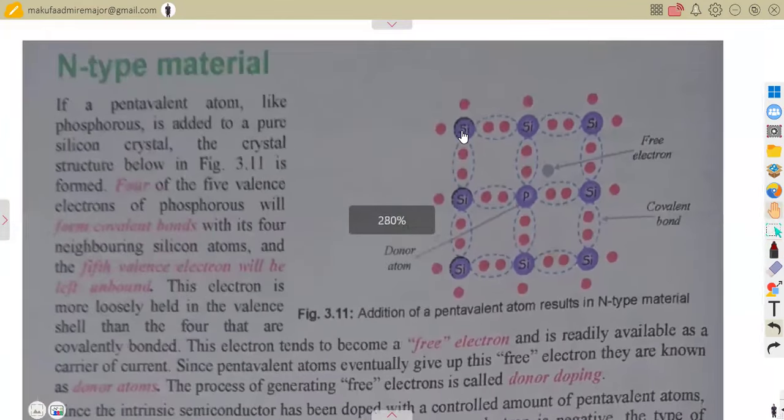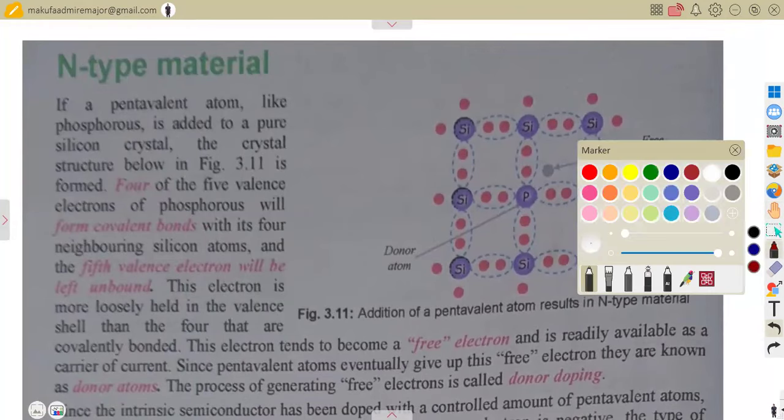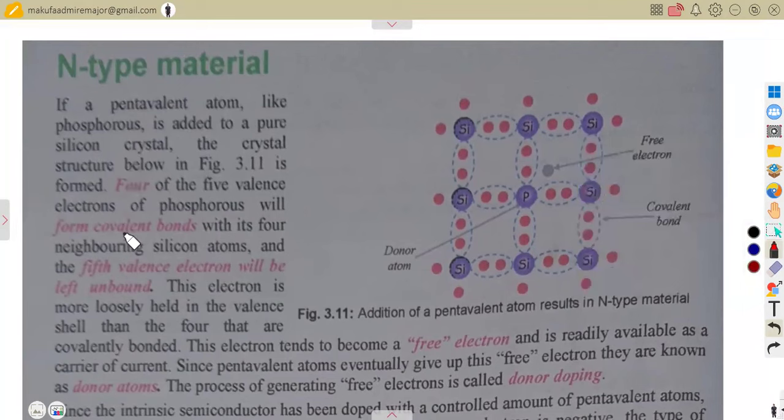All right. As we consider the N-type material, meaning we have more negative charge, and we said for us to have more negative we must have what? A pentavalent atom.